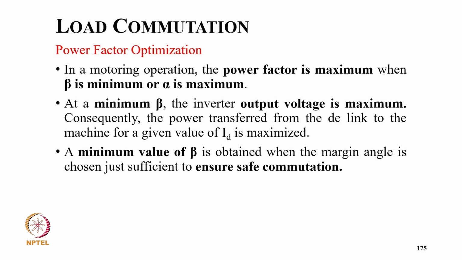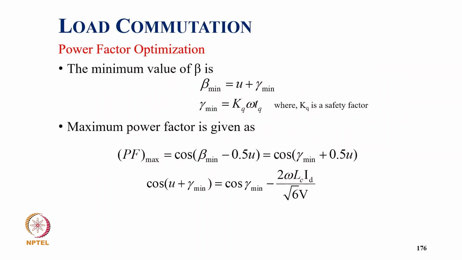Coming to power factor optimization, in a motoring operation the power factor is maximum when beta is minimum or alpha is maximum. At a minimum beta, the inverter output voltage is maximum. Consequently, the power transferred from the DC link to the machine for a given value of ID is maximized, and the minimum value of beta is obtained when the margin angle is chosen just sufficient to ensure safe commutation.